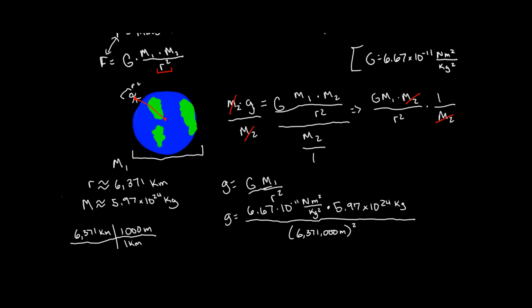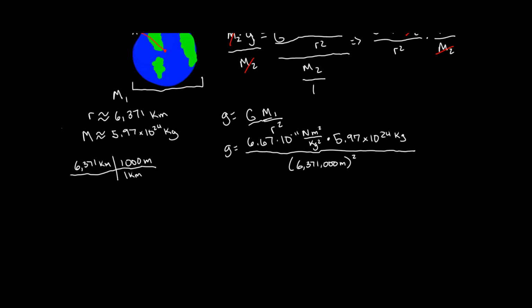Okay? So now, let's start looking at these units and how they cancel. So first we're going to look at G's units. Let's do a little bit of an analysis here to make sure that all this is going to come out good, and we're going to put this in the proper format. So G is going to be equal to Newton meter squared over kilogram squared.